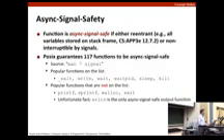Now, the POSIX standard guarantees 117 different functions to be async signal safe. These include _exit, write, wait, waitpid, sleep, kill. But unfortunately, there are some very popular functions that aren't on this list: printf, sprintf, things that you really want to use.